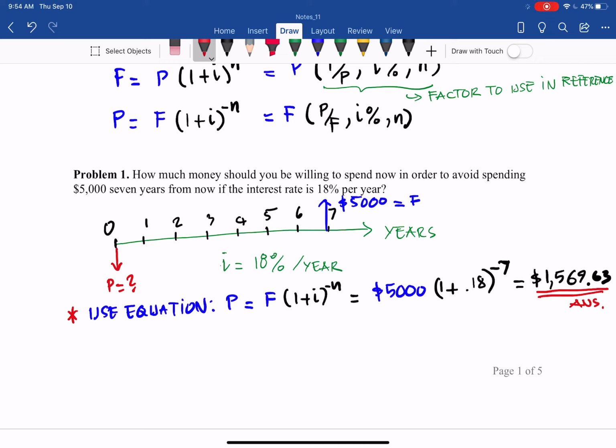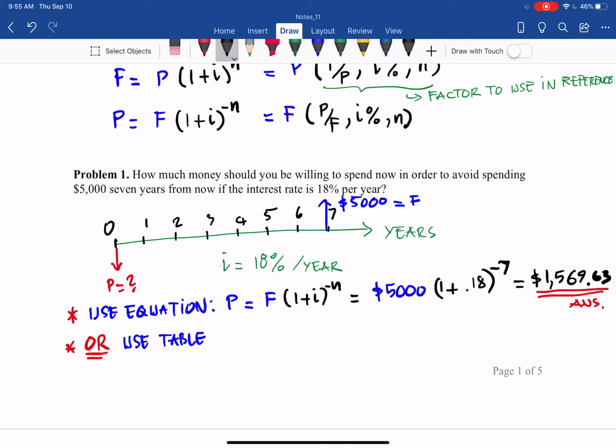Now I also want you to use the table. Engineering students may want to use the manual table, and sometimes it's faster. So in this case, let's use the table. What does that mean?